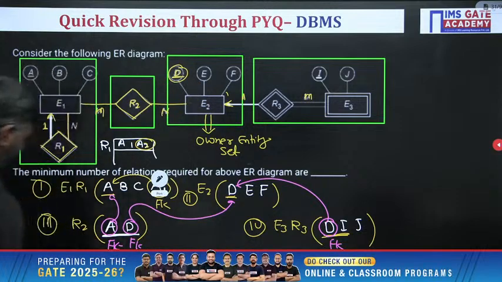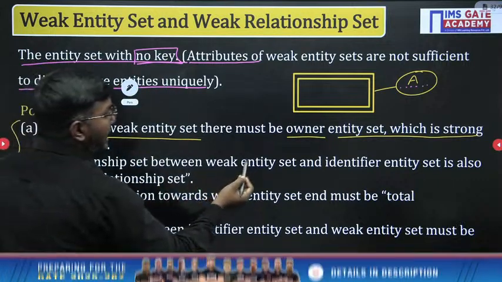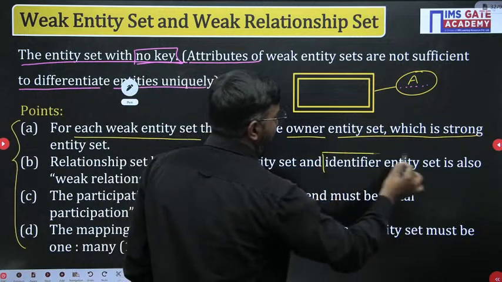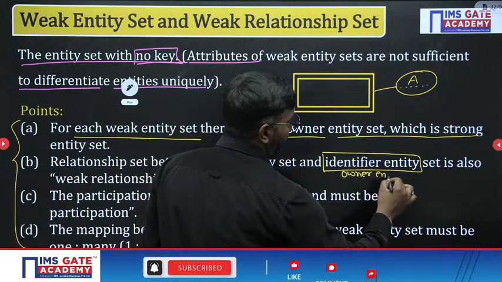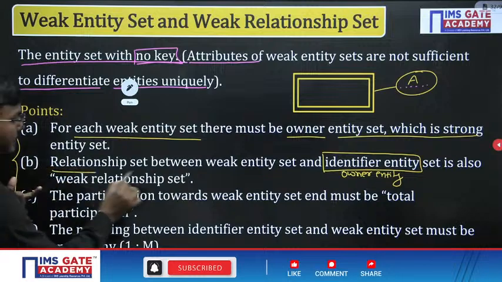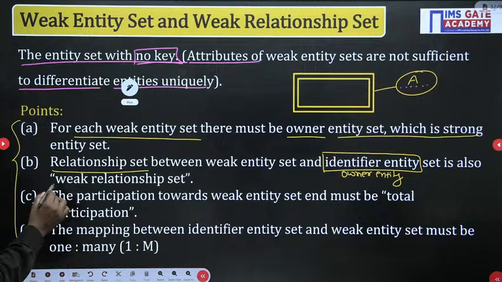Fine, done. Now next is the relationship set between the weak entity set and the identifier. Identifier entity set means the owner entity set. So the relationship set between the weak entity set and the identifier is also a weak relationship set.